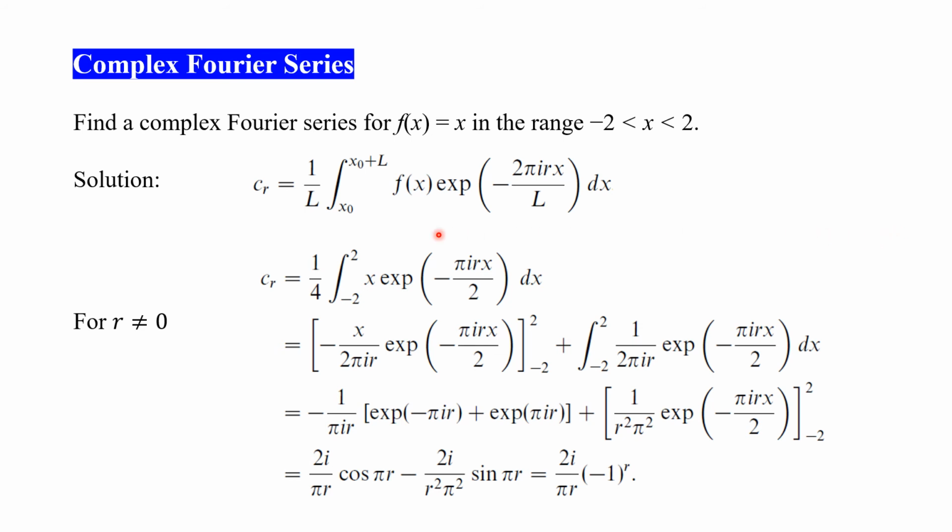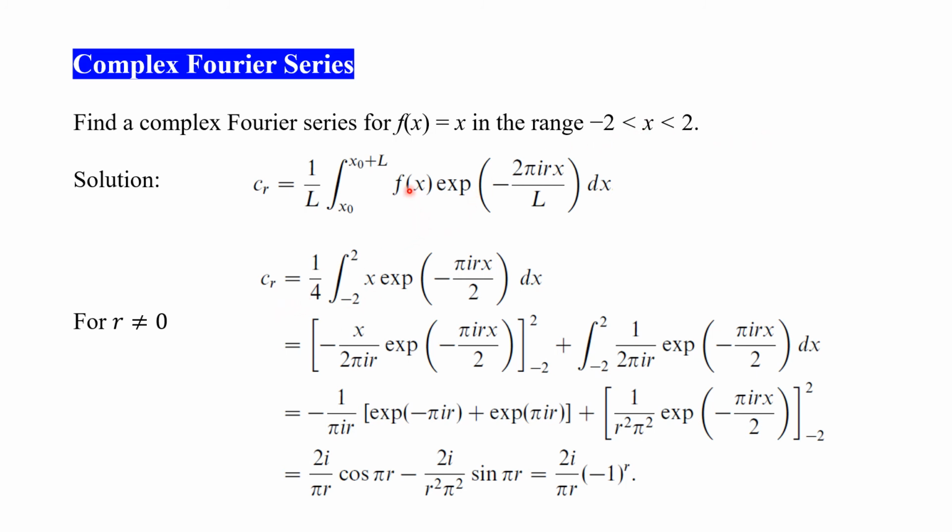So we start with your complex Fourier constant c_r, where your c_r is equal to 1 over L times the integral of f of x exponential negative 2 pi i r x over L dx, integrated from x naught to x naught plus L. And for r that is not equal to 0, so you have 1 over 4 because your period here is from negative 2 to 2, so that makes your period 4.